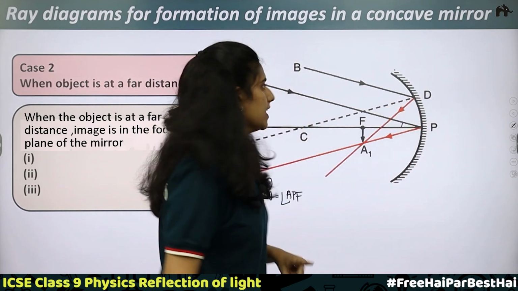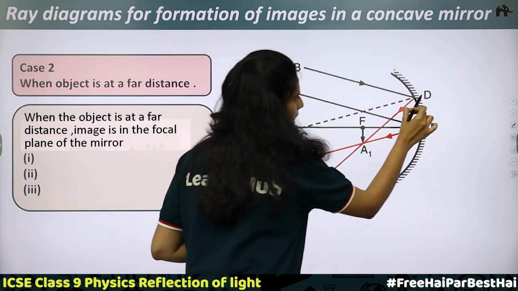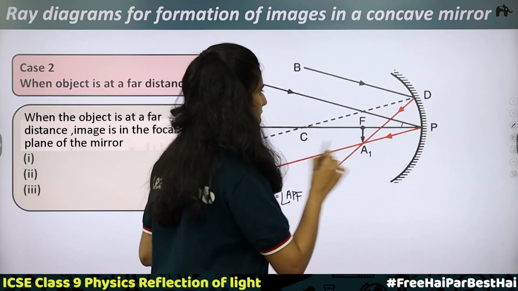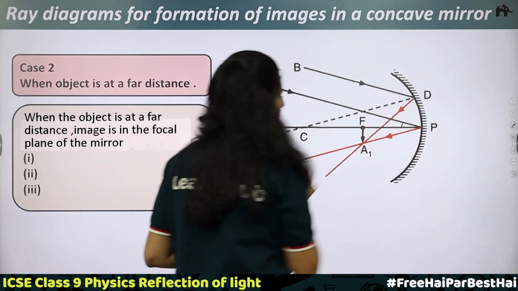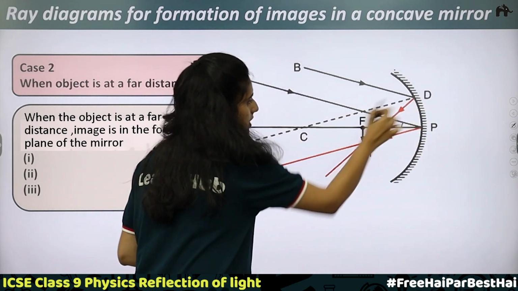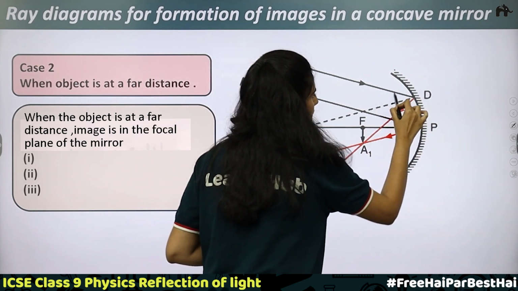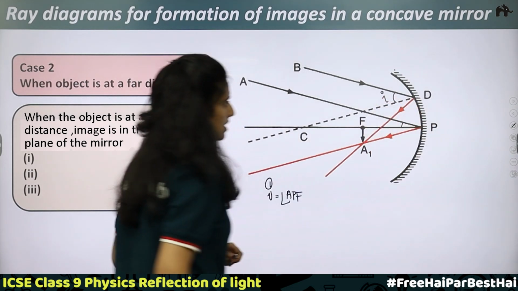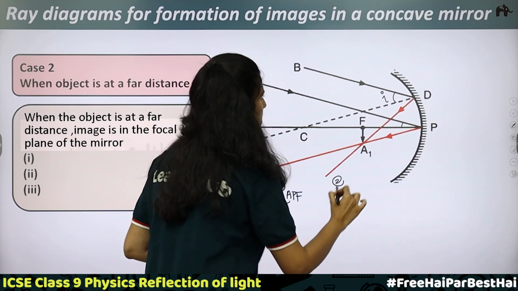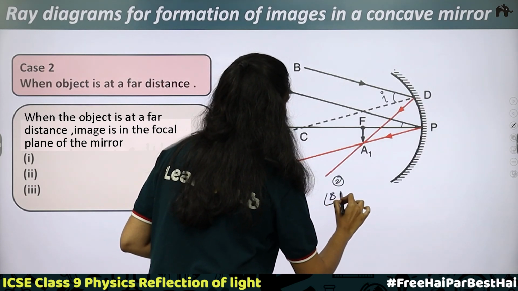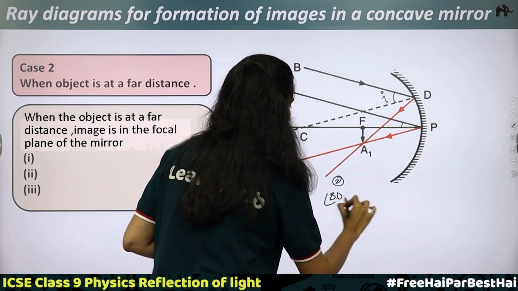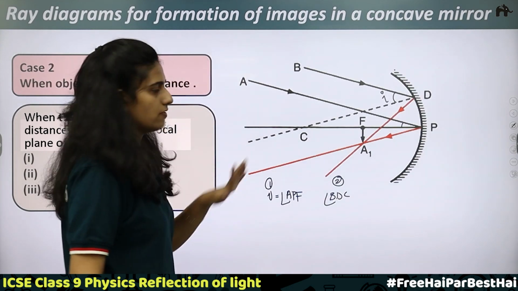Next light ray, BD. BD is the incident light ray. The line passing through the point of incidence and center of curvature is a normal. So the normal is drawn. This is the angle of incidence. So in the second case, the angle of incidence is angle BDC.